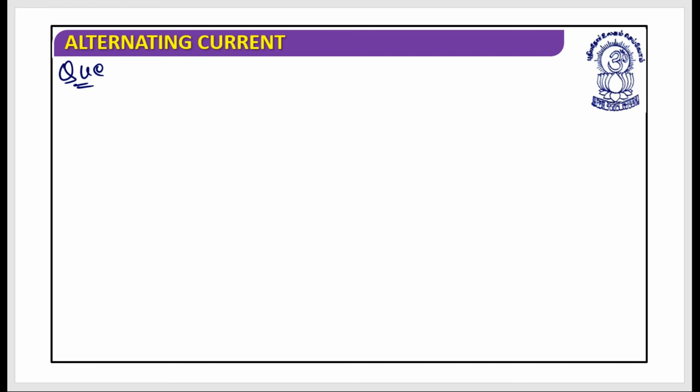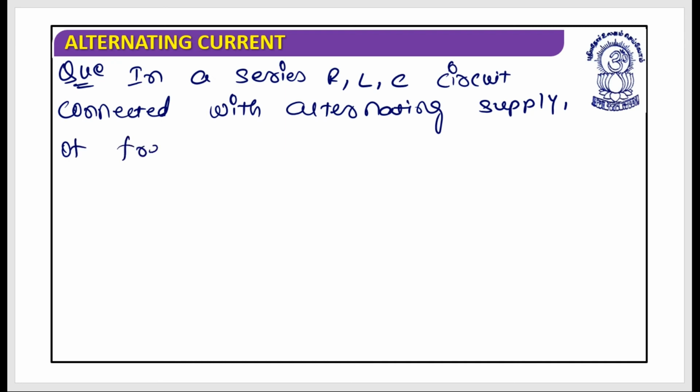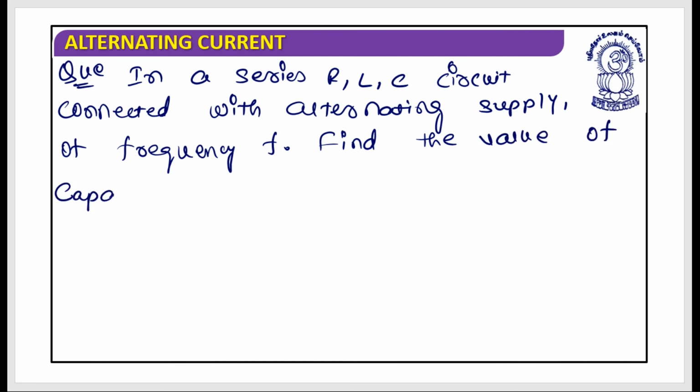Let's suppose they have given that in a series RLC circuit connected with an alternating supply of frequency F, find the value of the capacitor if current leads the voltage.